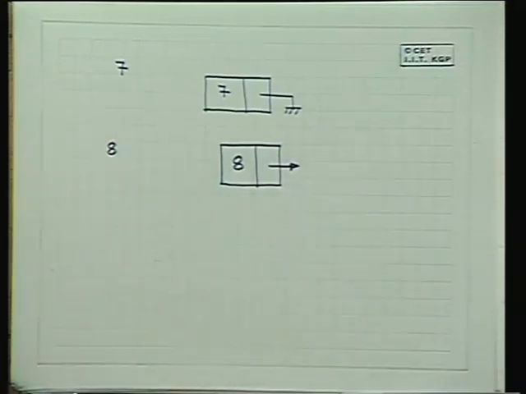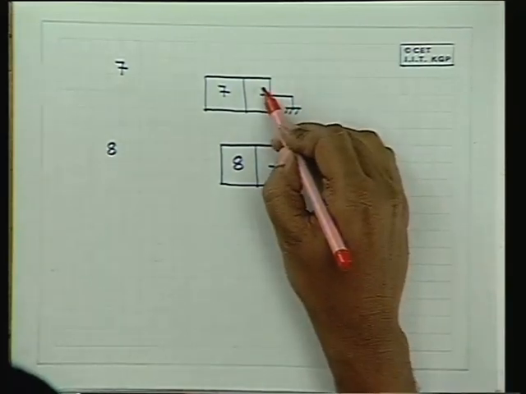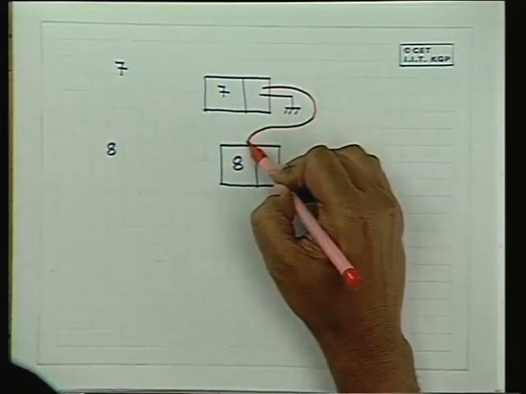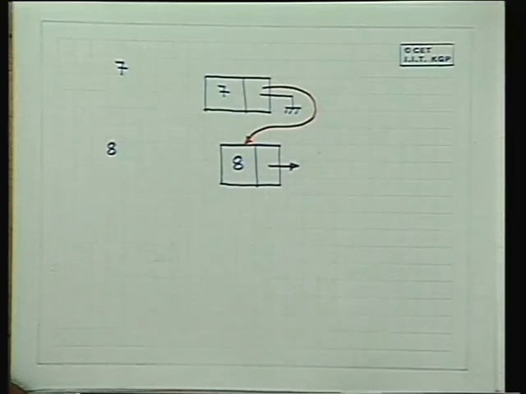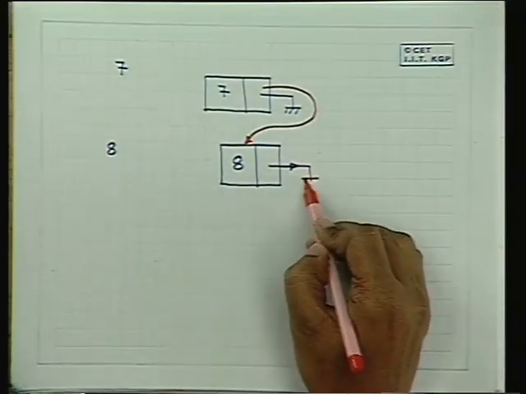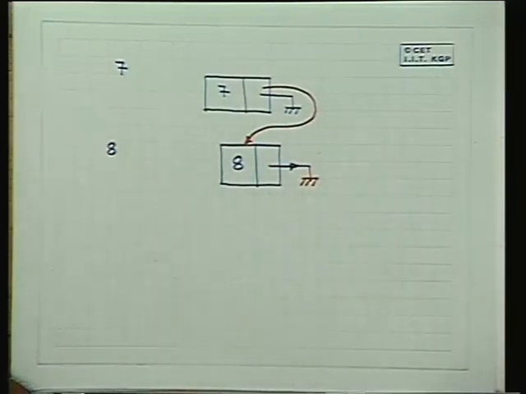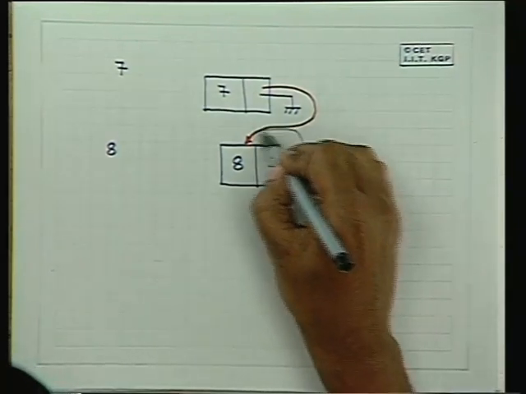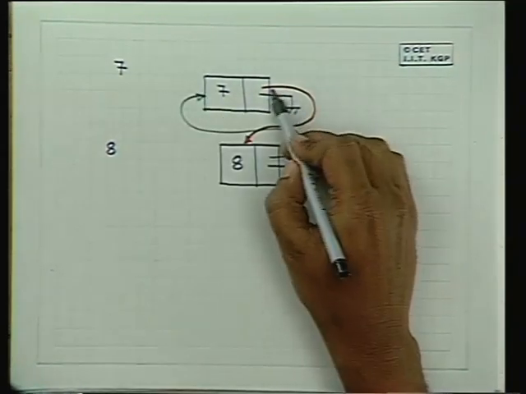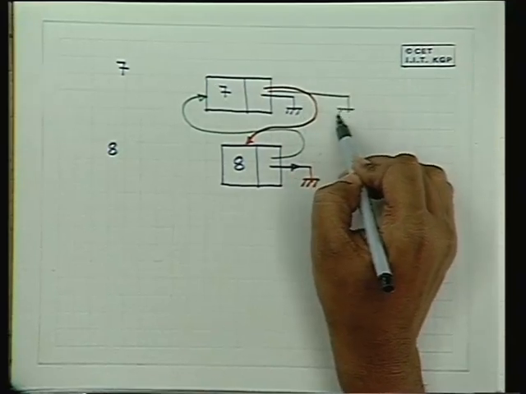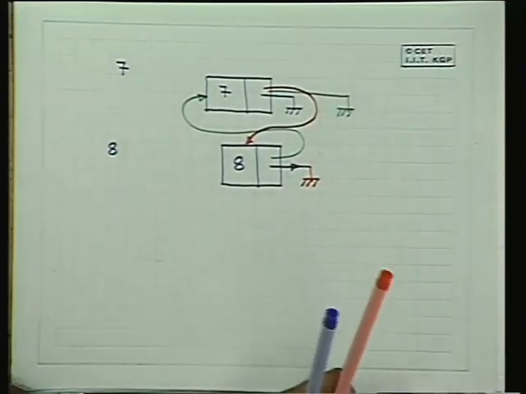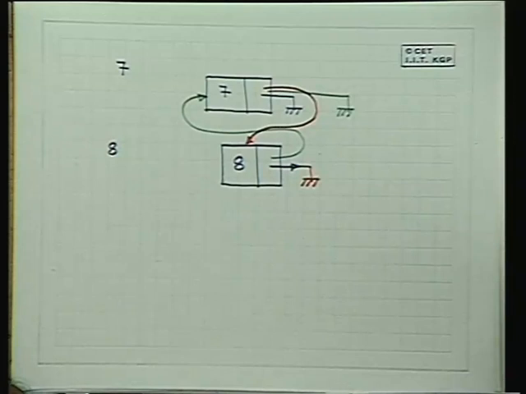One option is to make this element point here and ground this element. The other option is to make this element point here and have this grounded. It just depends on the order in which you store the elements.